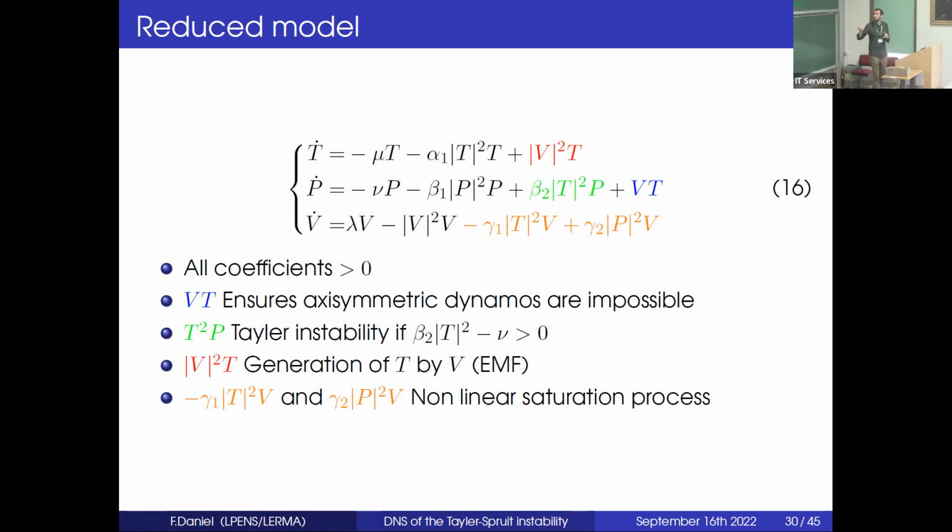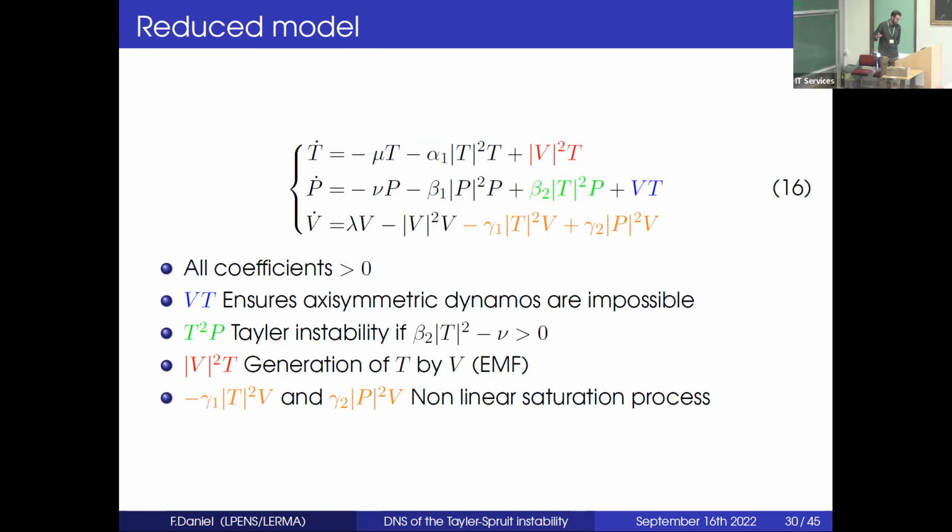In other words, as I've written here, if T squared is high enough, if your axisymmetric magnetic field is high enough, it's going to create a magnetic instability, think of Taylor instability, and get developed non-axisymmetric motion. And finally, you've got some induction term here, some EMF, which regenerates the dominant part of the magnetic field through action of the flow, and some non-linear saturation process due to the Lorentz force.